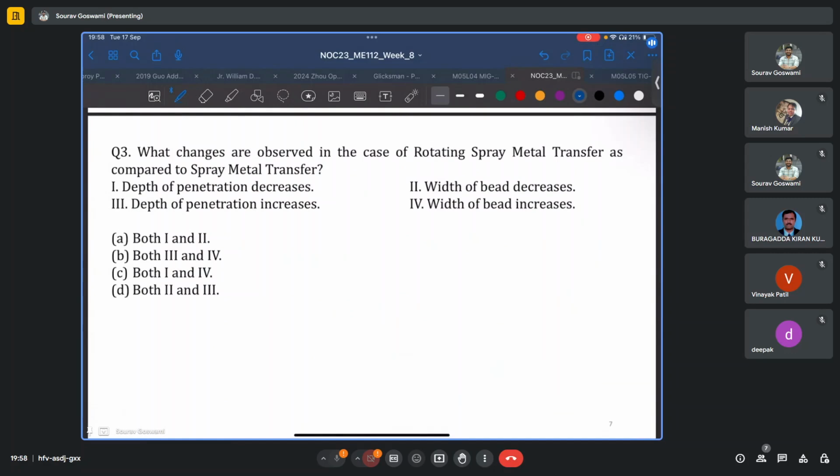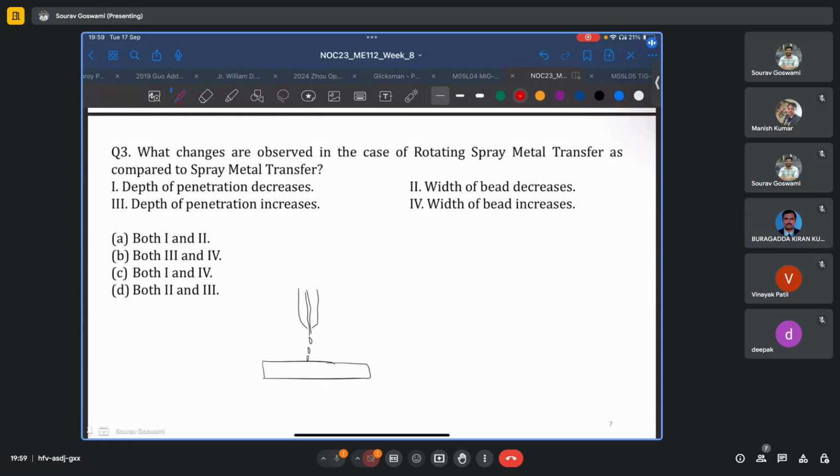What changes are observed in the case of rotating spray metal transfer as compared to non-rotating or simple spray metal transfer? In one case, you have the material being deposited in the form of these droplets.